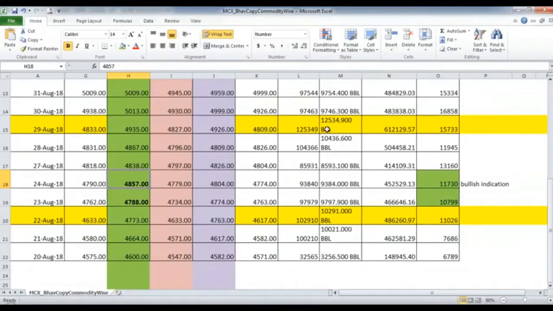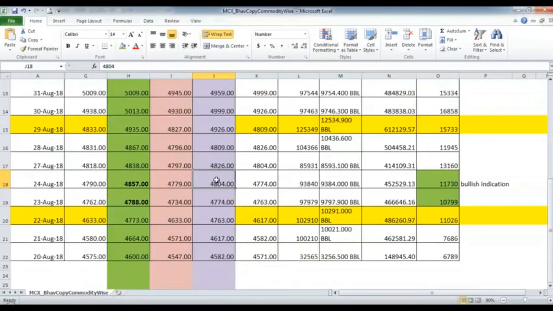Okay. Now tell me one thing. Once the bullish indication came on this particular day, the price where it closed was 4808, right? Sorry, 4804. Okay.